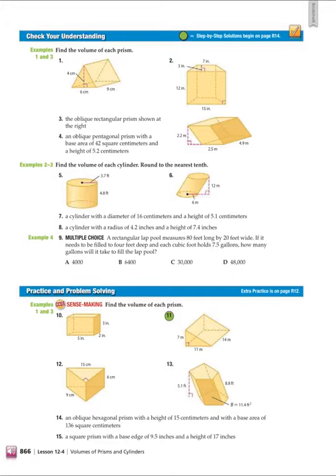I also wanted to remind you of when the quiz is going to be, because we're going to have a quiz over sections. Let's see if I can make this a little bit better. We're going to have a quiz, there we go, on sections 2 and 3, and that is coming up.